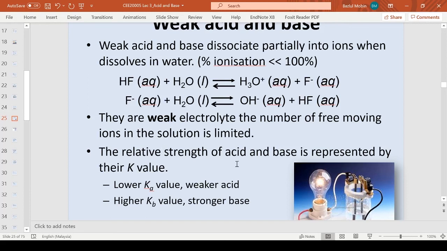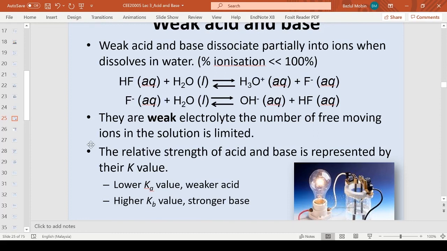And also from the acid dissociation constant value, the higher the Ka value, the stronger the acid is. The higher the Kb value, the stronger the base is.